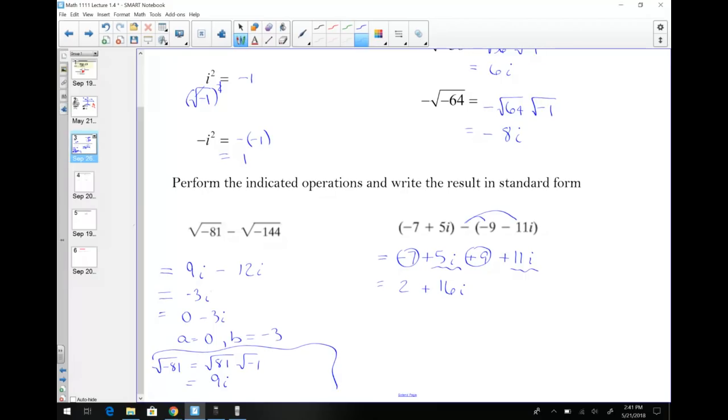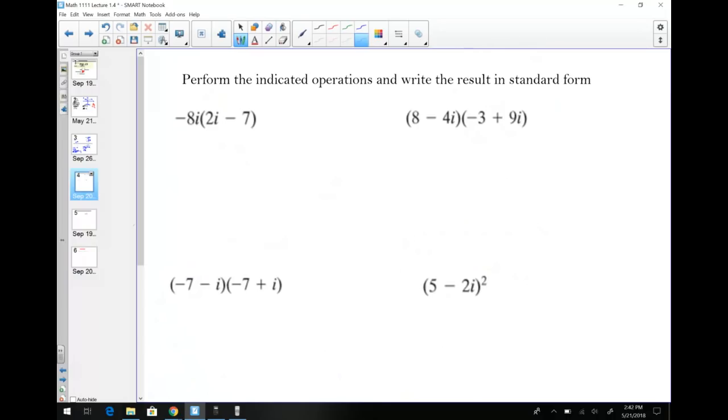Remember, with b, you don't want the i with it. For this one, notice that a is equal to 2, and b is equal to +16. Again, you don't have to write this for every single one of them, but it is good to know exactly what a and b are.